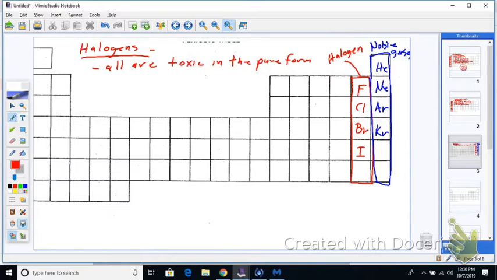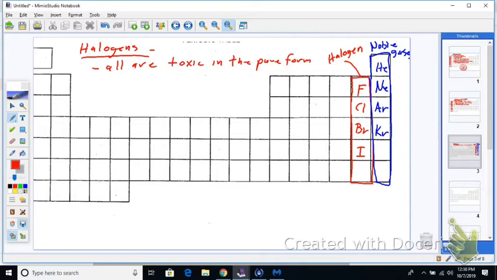So these are examples of bromine, chlorine, and iodine. And I don't have fluorine, but fluorine's kind of like chlorine. Fluorine's kind of got a yellow tint to it. Okay, so I'm going to hand this around.